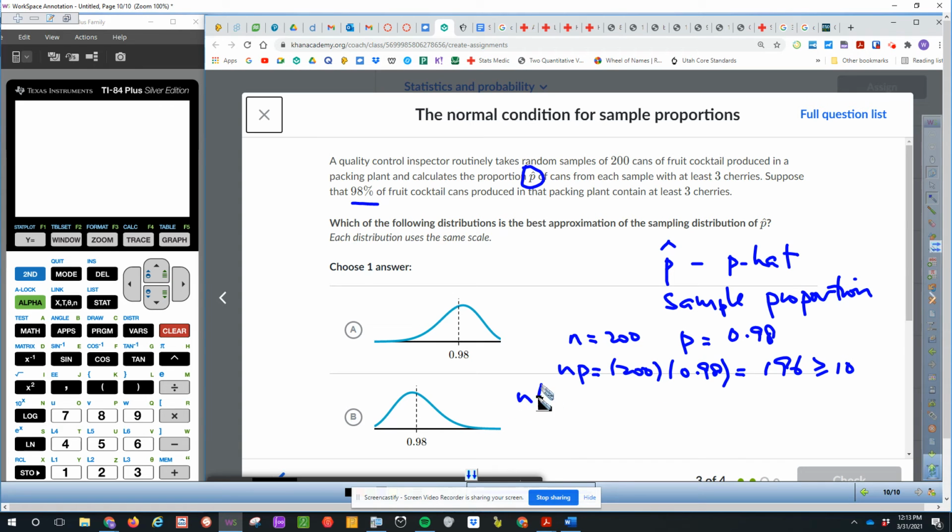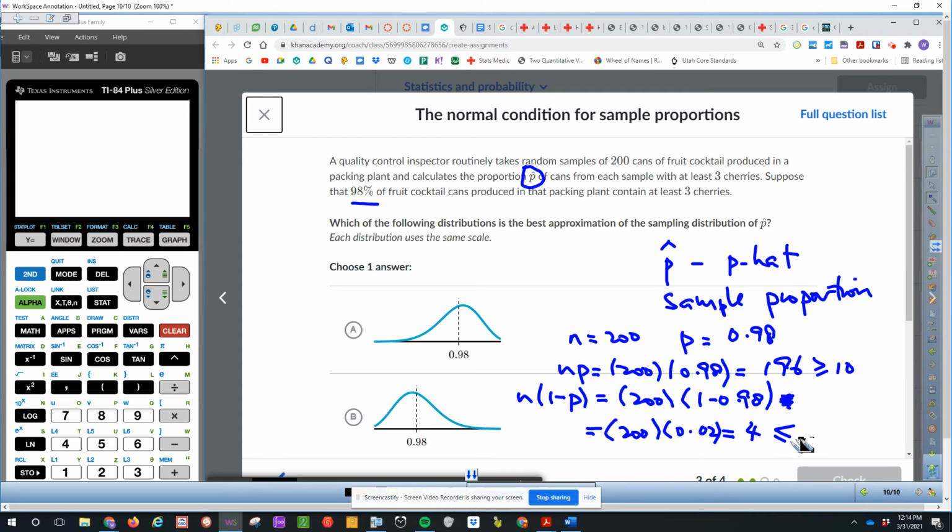How about n times 1 minus p? You're taking 200 times 1 minus 0.98. 1 minus 0.98 is 0.02. So 200 times 0.02 is 4.